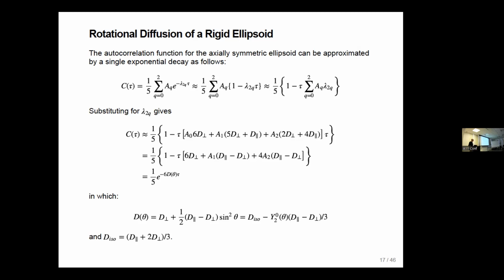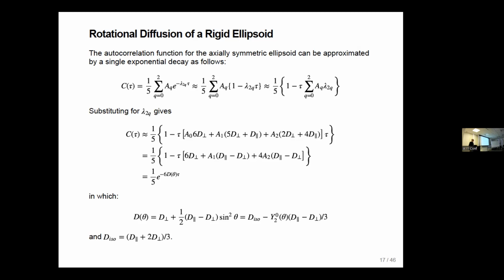Rafael worked out a very elegant approximation that if the molecule isn't too far from being spherical, one can analytically determine the fully anisotropic diffusion tensor from the relaxation rate constants.